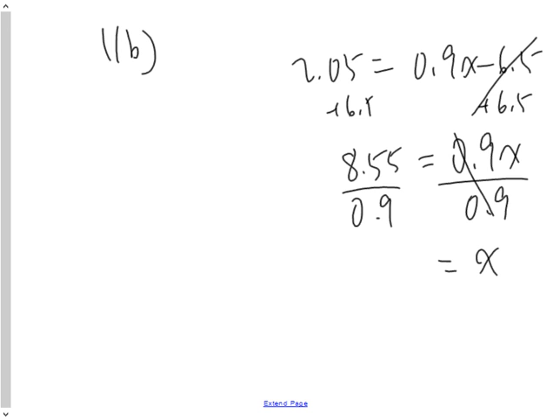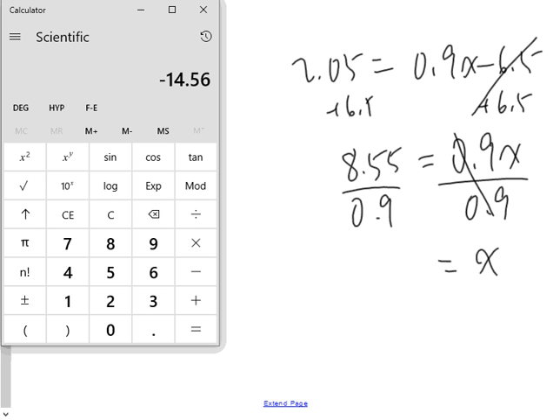And x will equal, what does x equal? Do you want me to try and do it in my head? Yes. $8.55 divided by 9 is... no. It's 9... 9.8? 9.2? Oh, I don't know. 9.5.